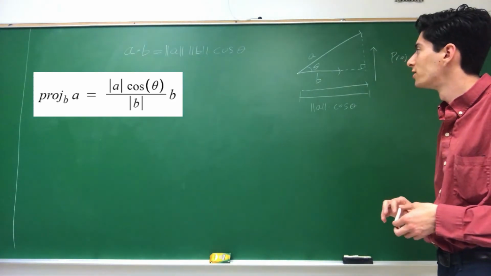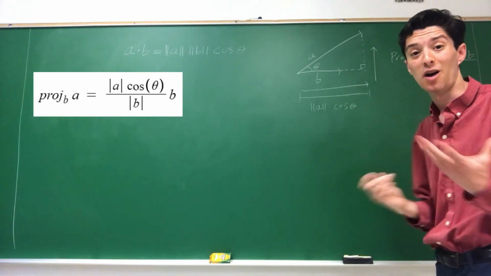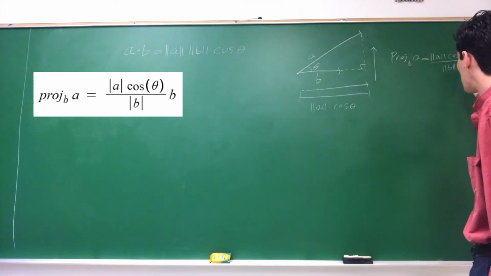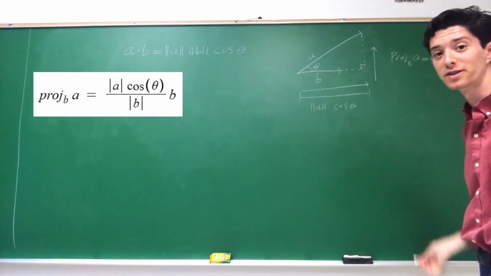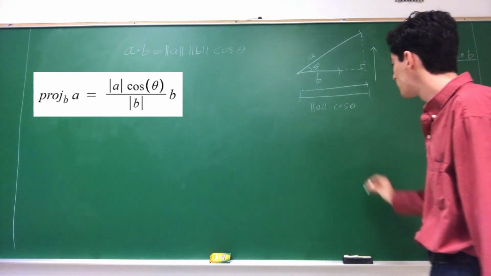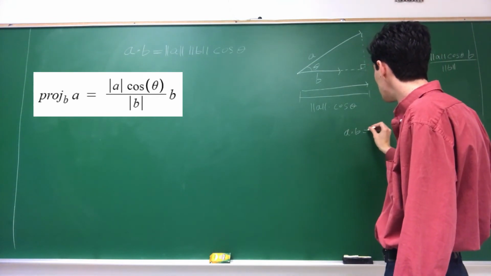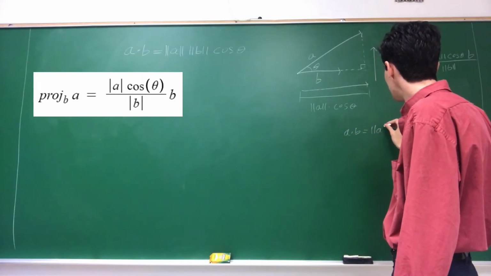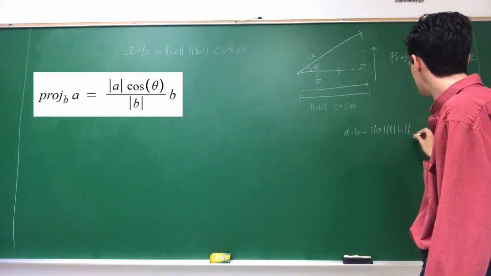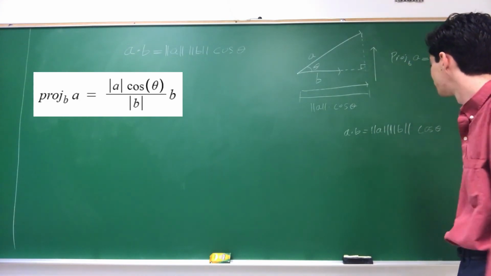However, sometimes we don't know the angle between vectors. That might be annoying to calculate. So can we write this formula in a way that does not require a cosine term? We know that A dot B is equal to the magnitude of A times the magnitude of B times cosine of theta.